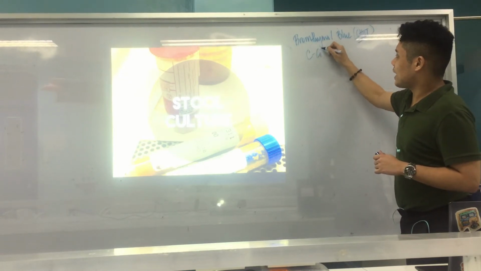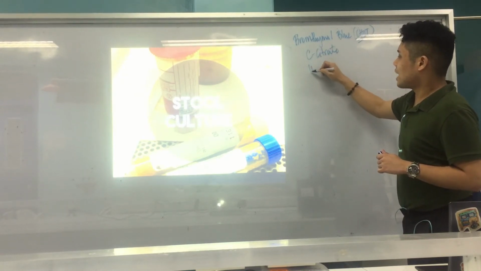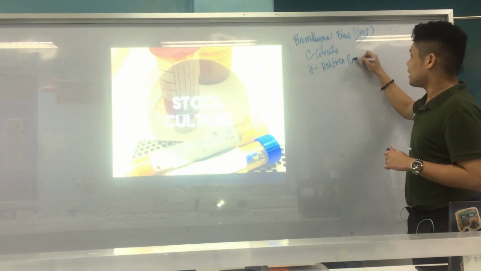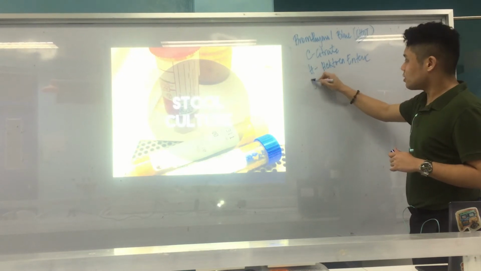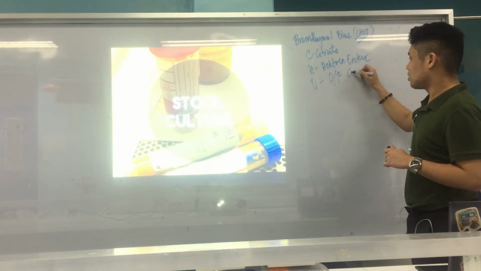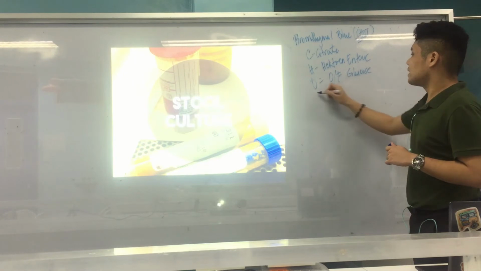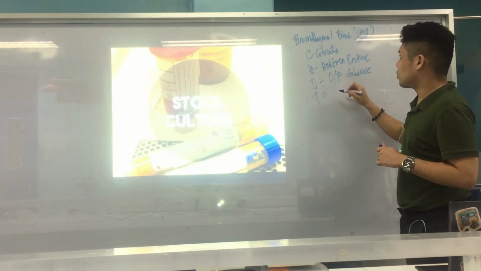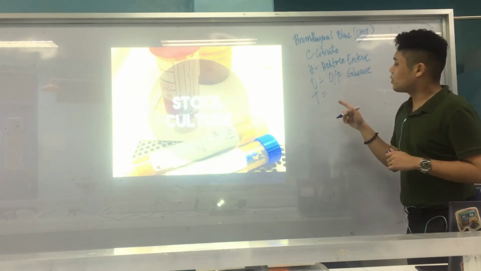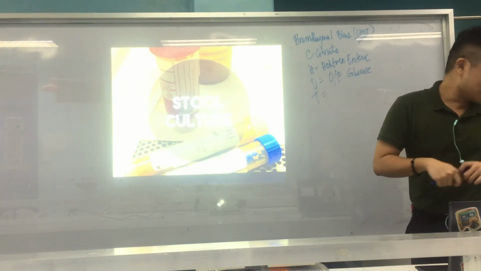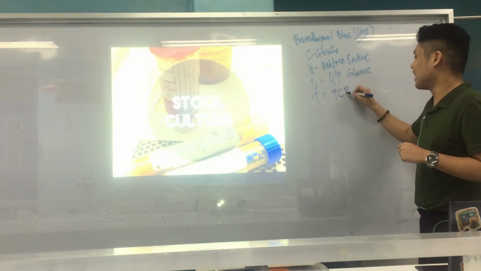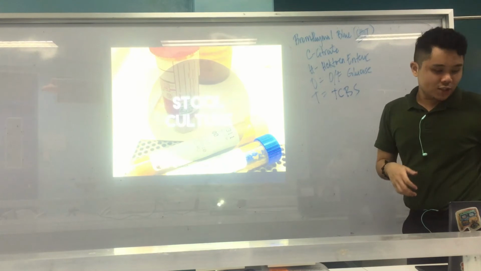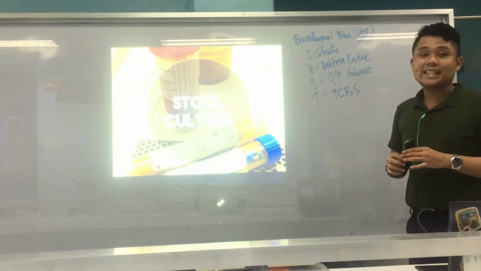C stands for citrate, H stands for hectoen enteric, O stands for OF glucose, and T stands for TCBS. So for bromthymol blue: citrate, HE, OF glucose, and TCBS.